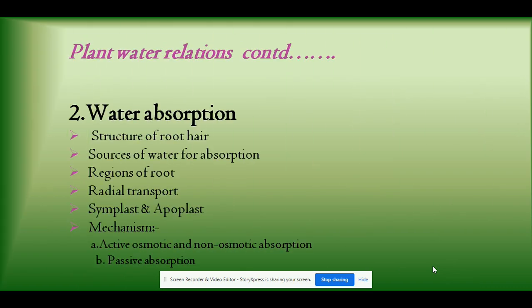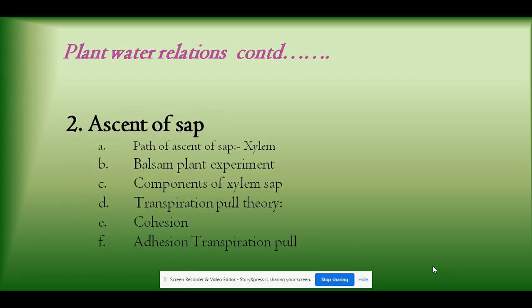This will be followed by the absorption process, where the symplastic and the apoplastic pathways are discussed, the active and passive, the non-osmotic pathways of absorption, which includes the ways and means by which water is absorbed. It will be followed by the ascent of sap, where the path of water uptake and translocation is discussed through different experiments.